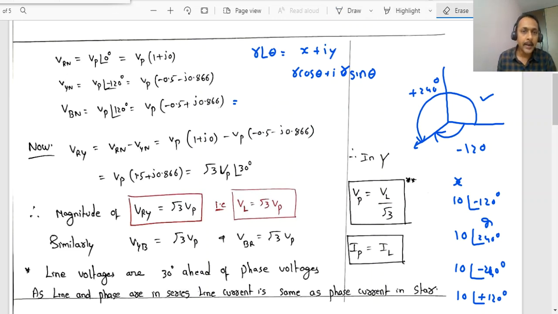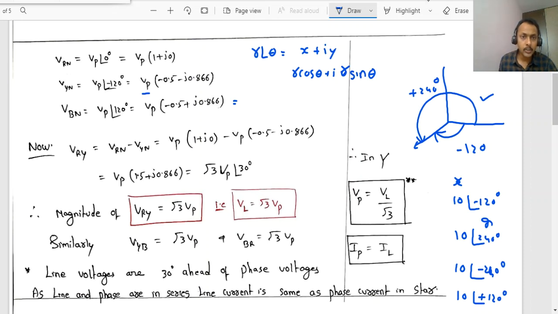Now VP at an angle 0 is equal to VP bracket of 1 plus J0. VP at an angle minus 120 is equal to, express it in the rectangular form. The R we can take out common: cos minus 120 degrees plus J times sin minus 120 degrees.